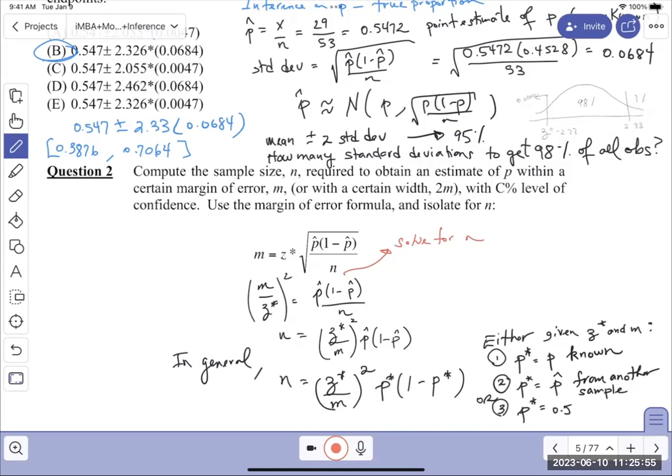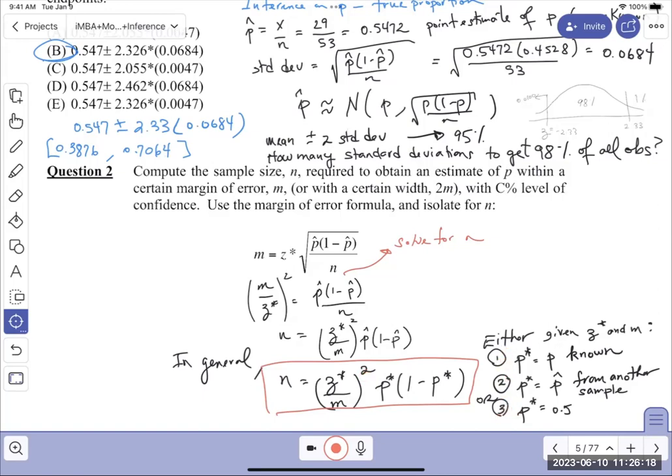Okay, so this is our formula for sample size estimation, the right sample size to get a certain level of precision M and a certain level of confidence C star. Don't forget to square. And don't forget about the conditions for what P star is.